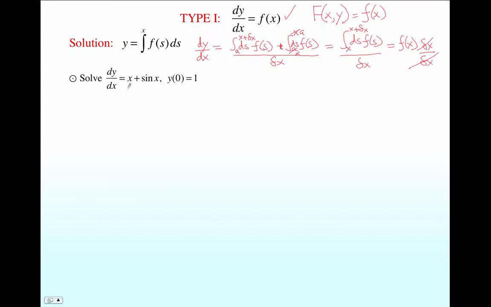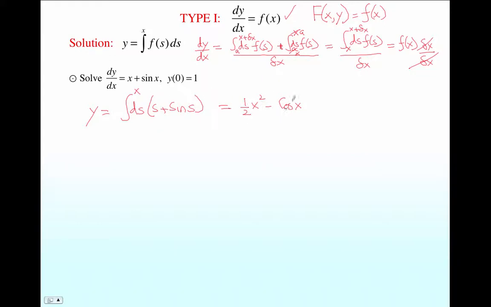Now let's solve this example. dy by dx is equal to x plus sine x. y of 0 is 1. So looking at the formula above, all we do is we integrate s plus sine s, and we integrate it up till x. Never mind what's over here, we'll fix that soon. And this is equal to half x squared minus cosine of x. And you can see that if you differentiate this, you get x.